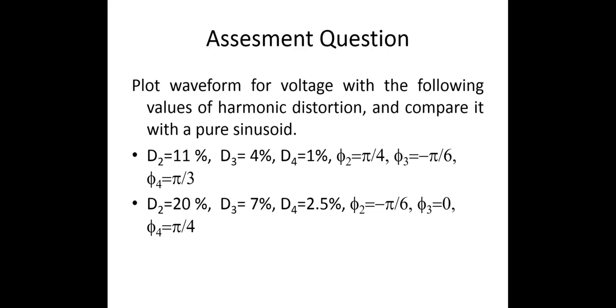You have been given the percentage second harmonic distortion, percentage third harmonic distortion, percentage fourth harmonic distortion, and also the relative phase of the second, third, and fourth harmonic components. You have to draw the waveform for these two cases, and in each case you have to compare it with a pure sinusoid.